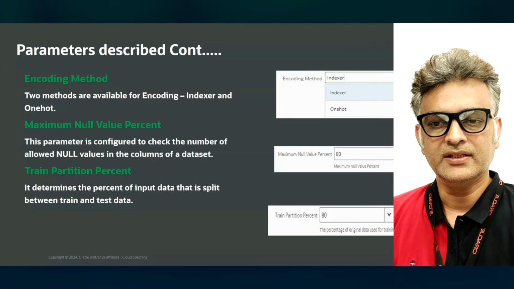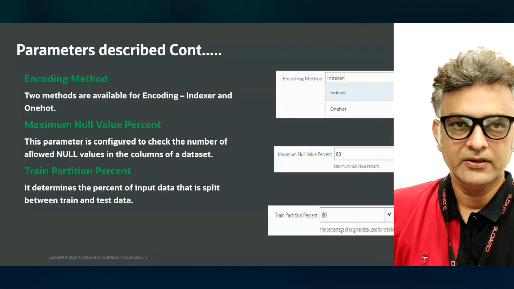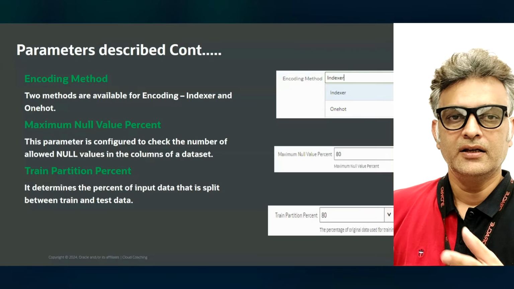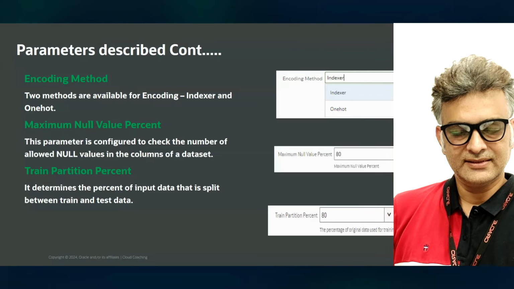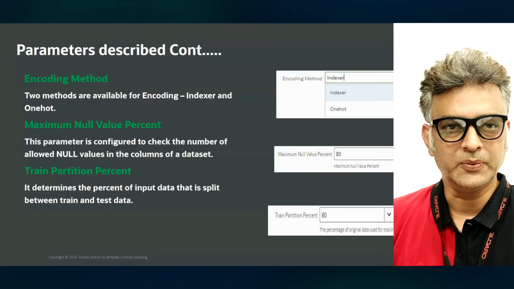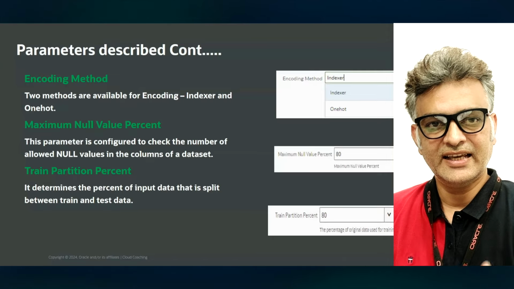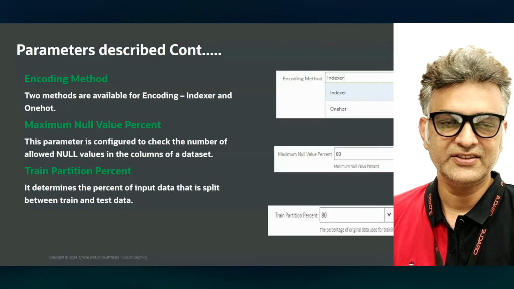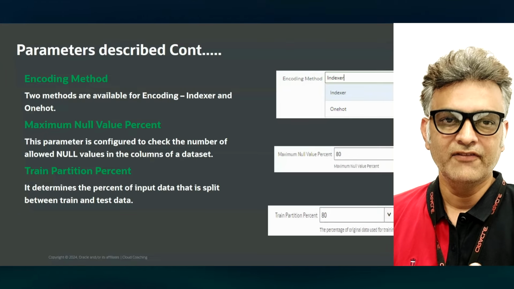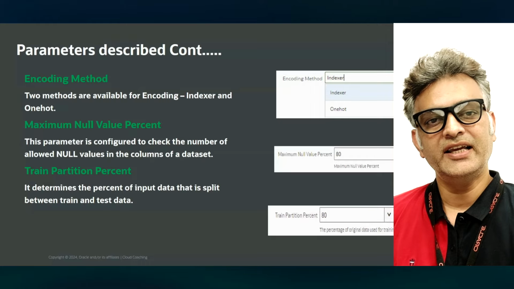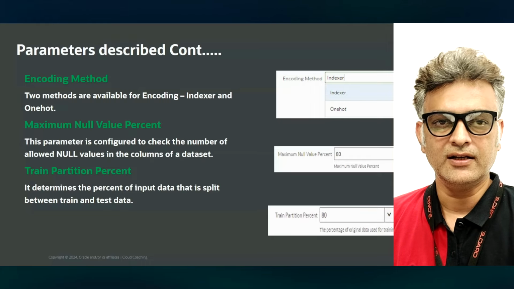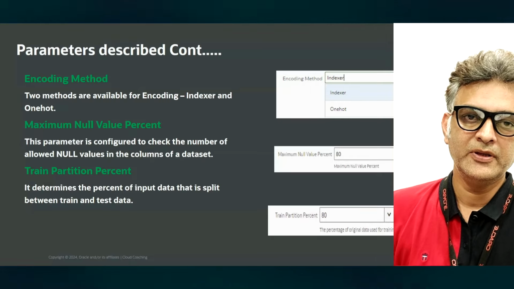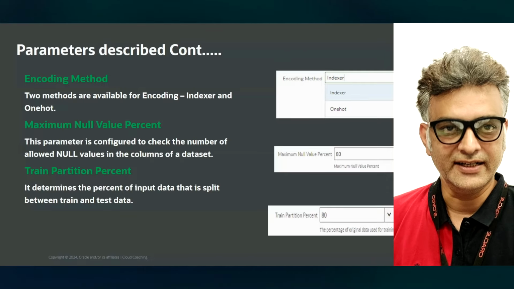Again, the default value is 80%, and this parameter can be set anywhere between 10 and 100%. So when we say 80%, it means 80% of these 1000 rows will be used to train and build the model, and the remaining 20% will be used to test the model's quality.